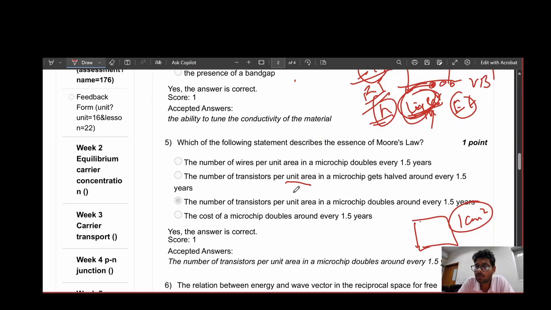So initially the size of the transistor is, let us say, 100 micrometer. 1.5 years later it will be 50 micrometer in size. So the number of transistors per unit area will get doubled every 1.5 years. This is Moore's law.